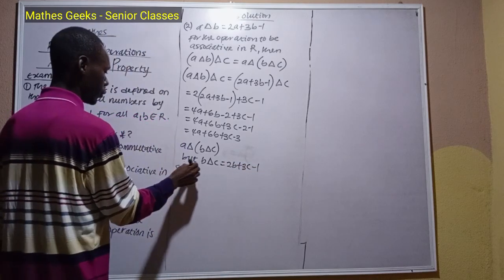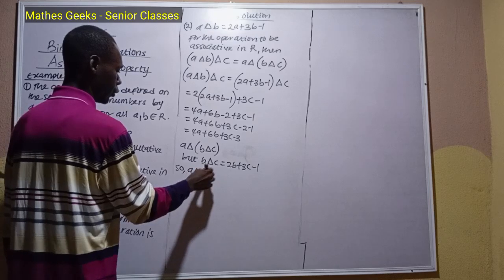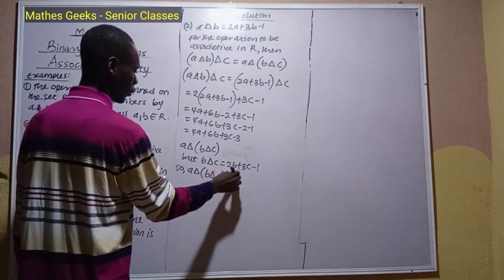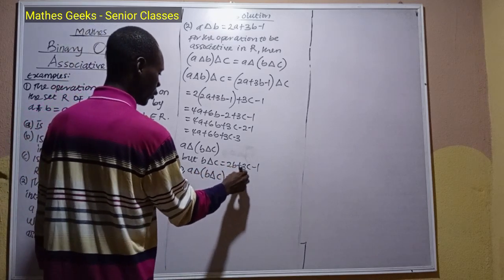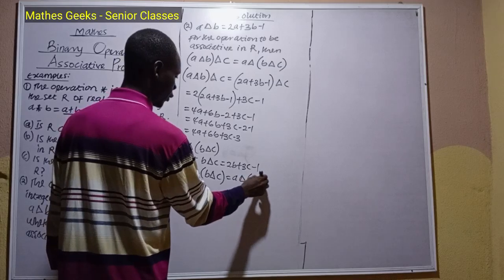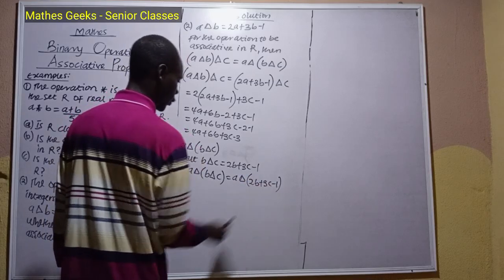So A operation B operation C is equal to A operation (2B plus 3C minus 1).